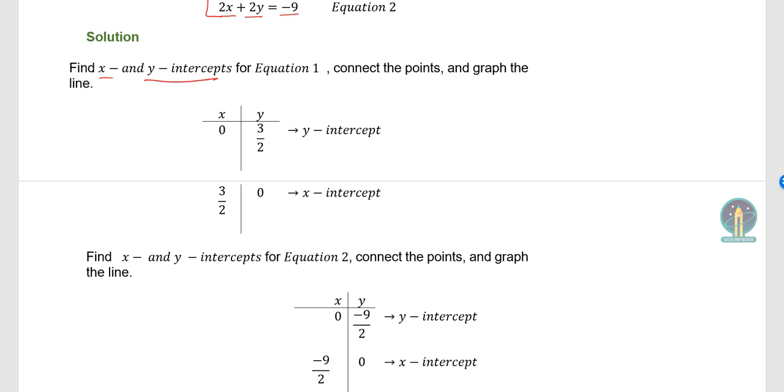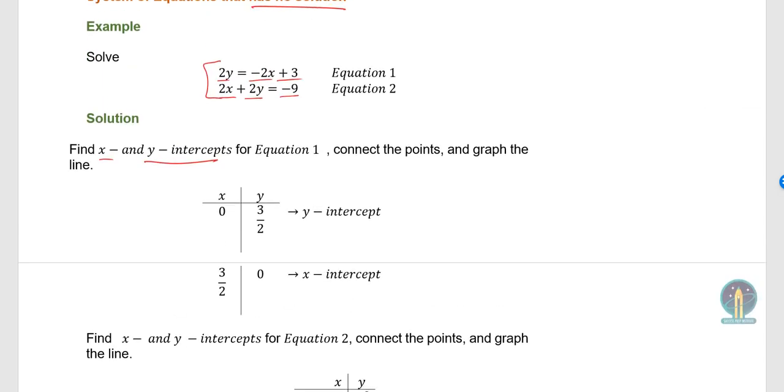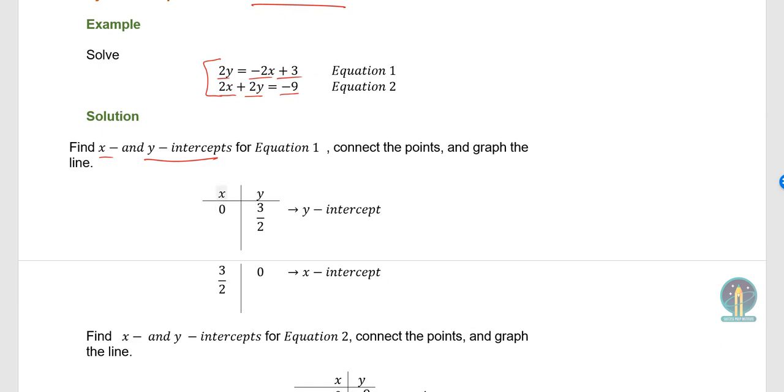So here for equation 1 we have to find the x-intercept, so we set y equal to 0, which makes this whole thing 0. So minus 2x plus 3 equals 0, so 2x equals 3.